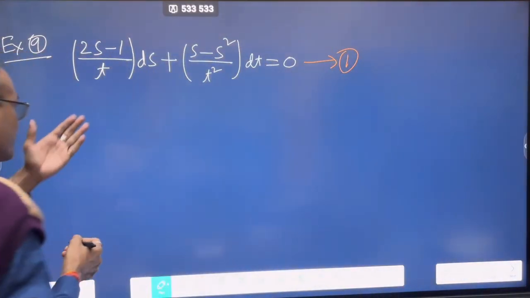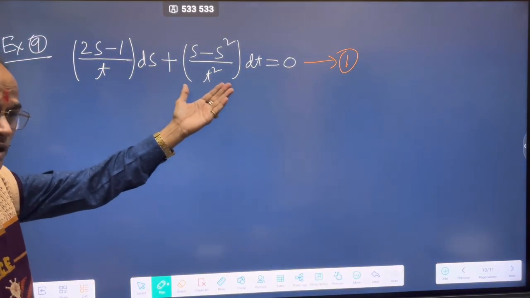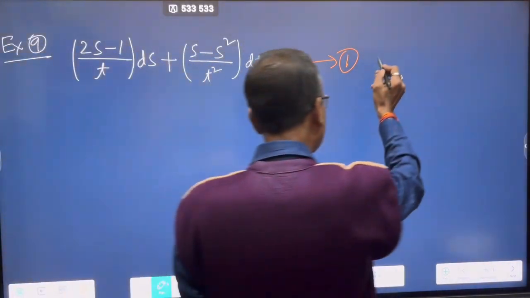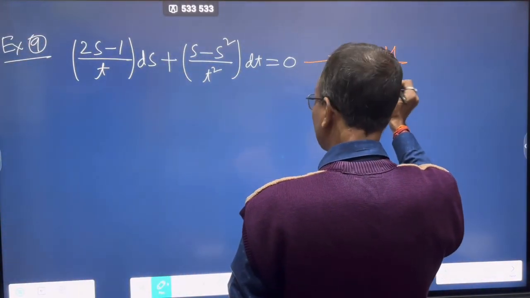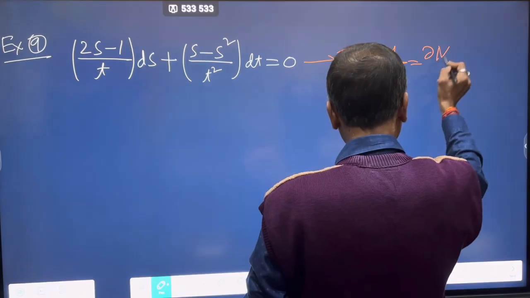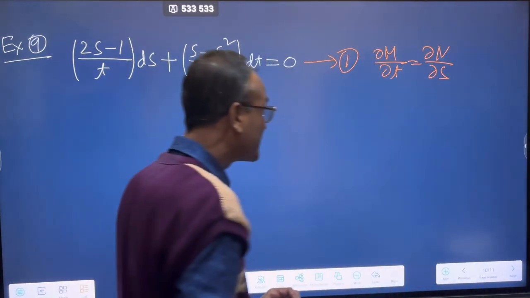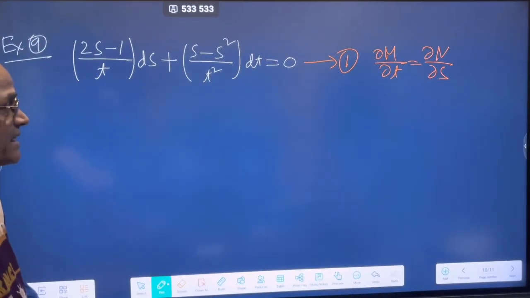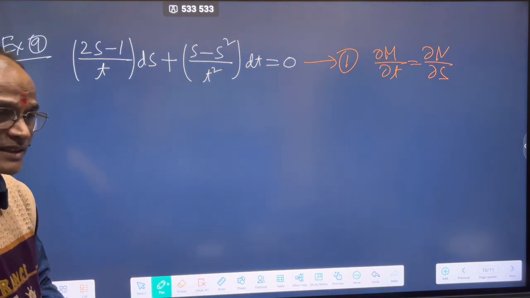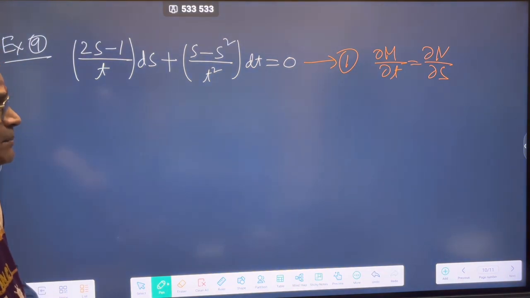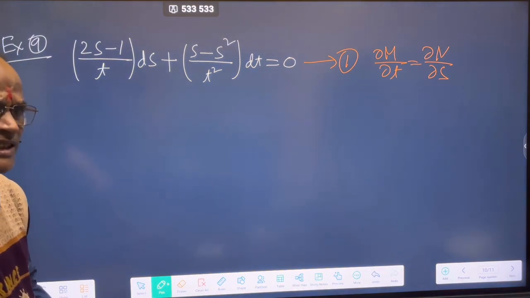Equation 1 is exact. We have already proved del m by del t equal to del m by del s. The differential is exact.